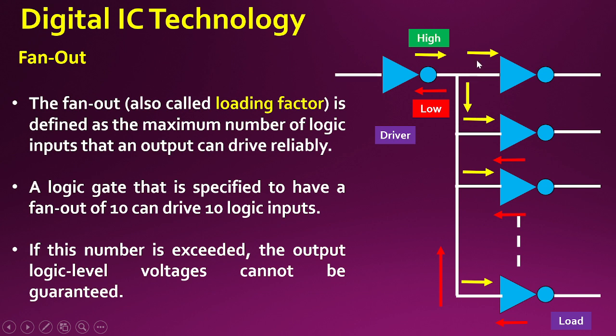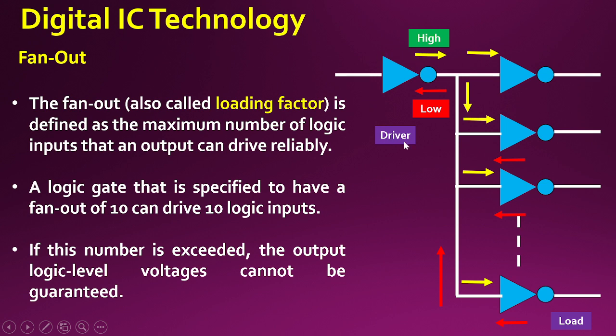Now let us take this example where, when this is high, it is delivering 10 microampere to this and to this. So if there are 4 connected, then obviously the driving current is around 40 microampere.